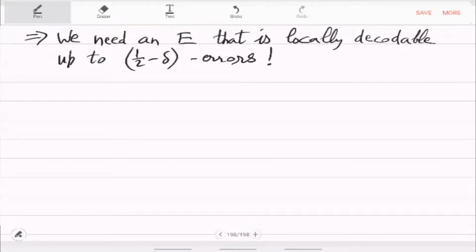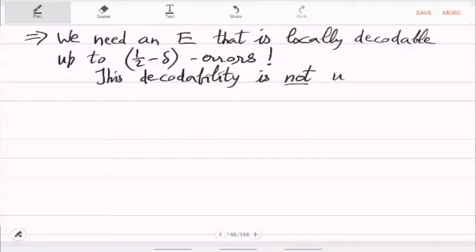So, this type of decodability cannot be unique. Meaning that there will be many X's for a Y so corrupted, the options for messages will be many. Okay, it will not just be one, but there will be super constant many X's. Now, the question is how many, and the next question is whether you can computationally list them.